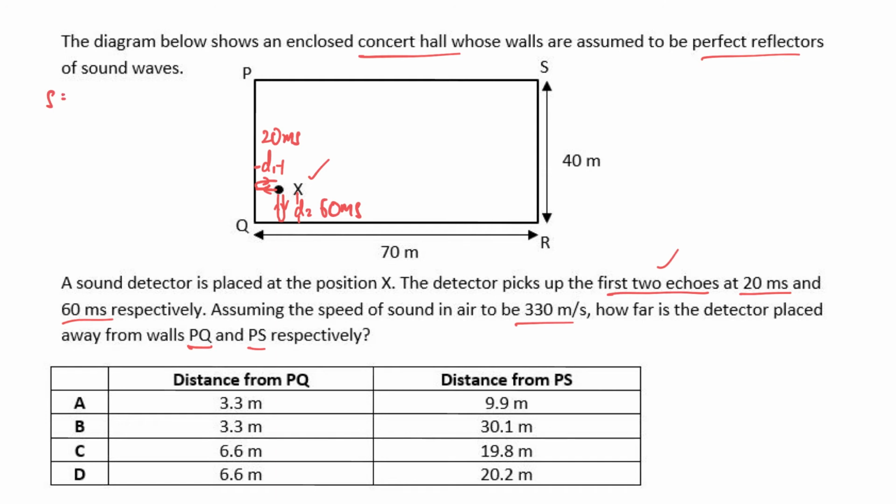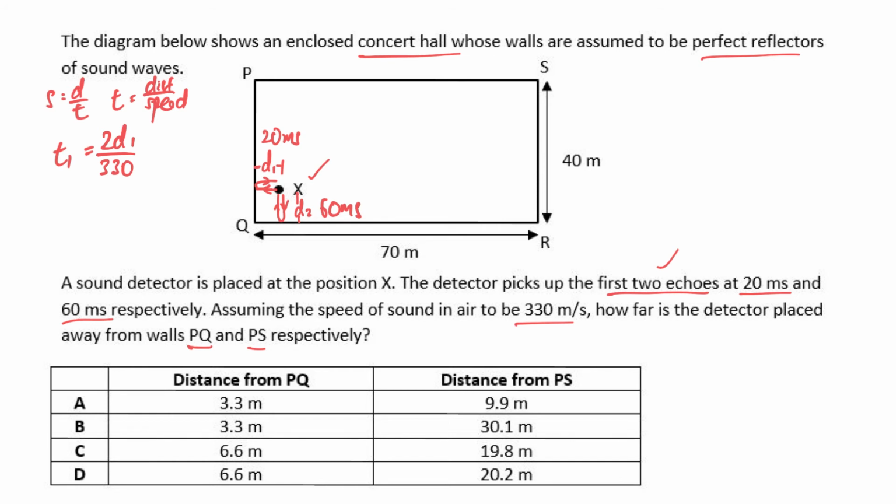Speed equals distance over time, so time equals distance over speed. So T1 will be the distance, because the sound actually travels from here, you can see D1, and then comes back, so that's basically 2 times D1 divided by the speed that's given, 330.